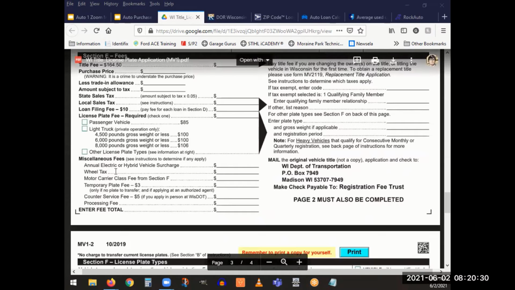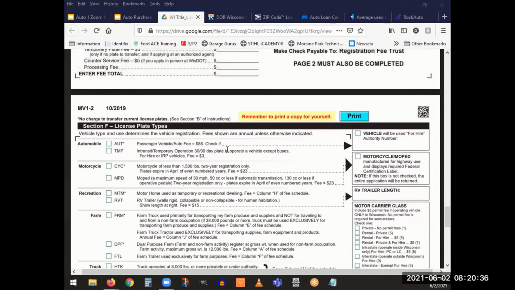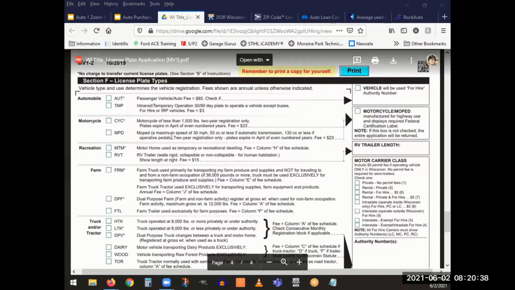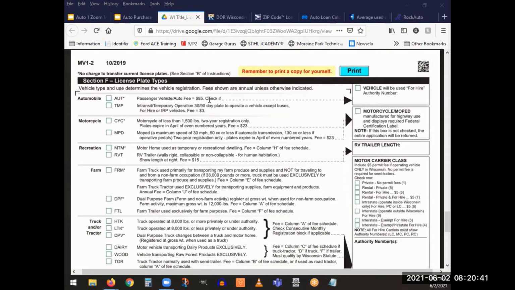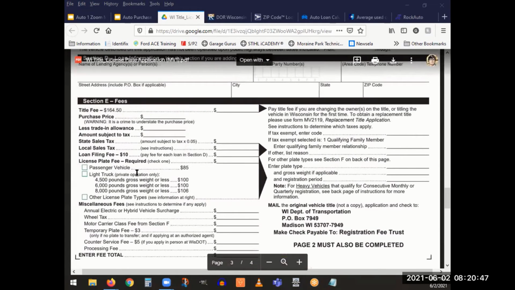So there's no wheel tax. Congratulations. Motor carrier class fee from section F. Again, that's not something we really have to worry about because we already paid our fee of $85. License plate types, that's our license plate fee.